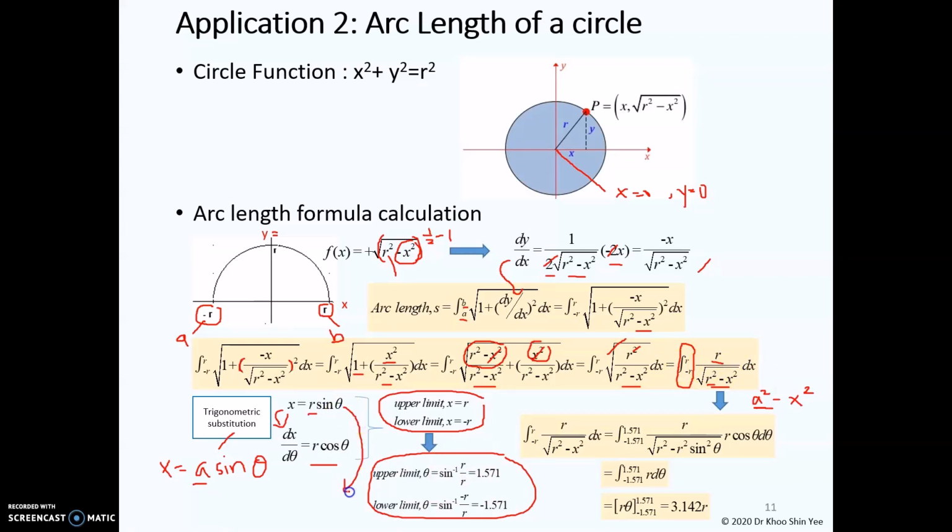From here you can find the angle equal to arcsine of x divided by r. So you can substitute x equal to r inside this formula, give you the upper limit in this form, and you can substitute x equal to negative r inside, give you the arcsine of negative r divided by r.